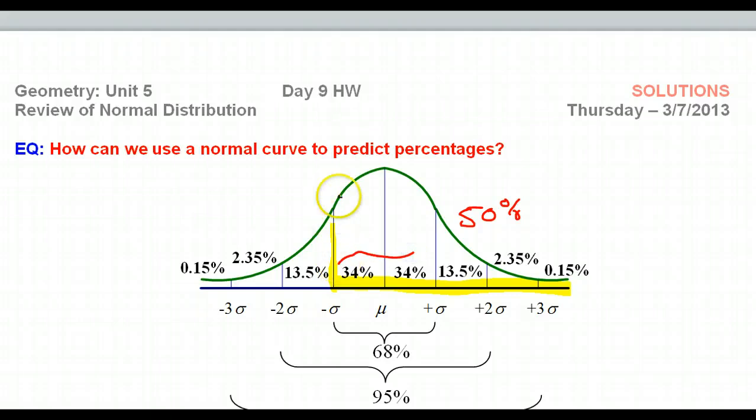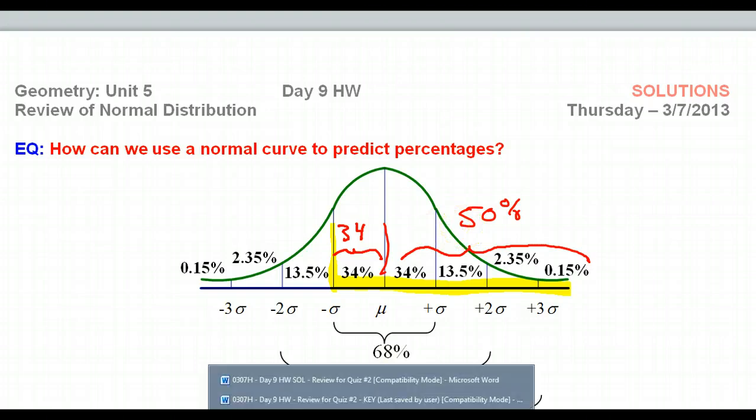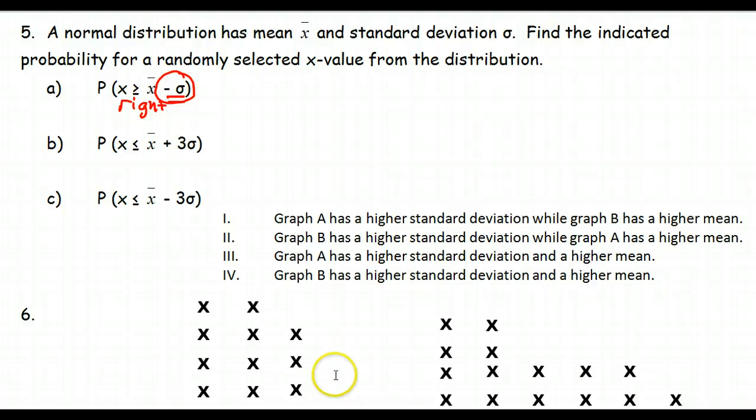So this part of the data right here, I don't have to add. It's half the graph, that's 50%. So all I really need to do is add in my 34%, and that makes 84%. So that is going to be 84% probability.